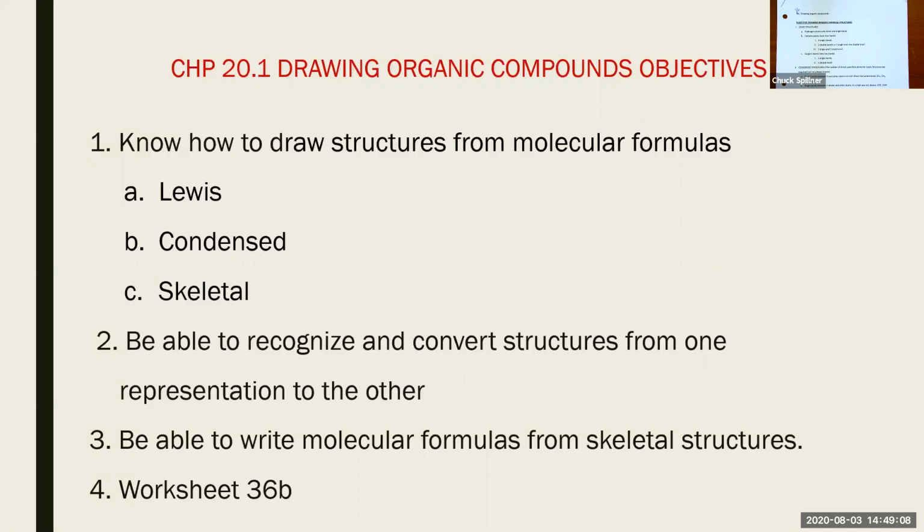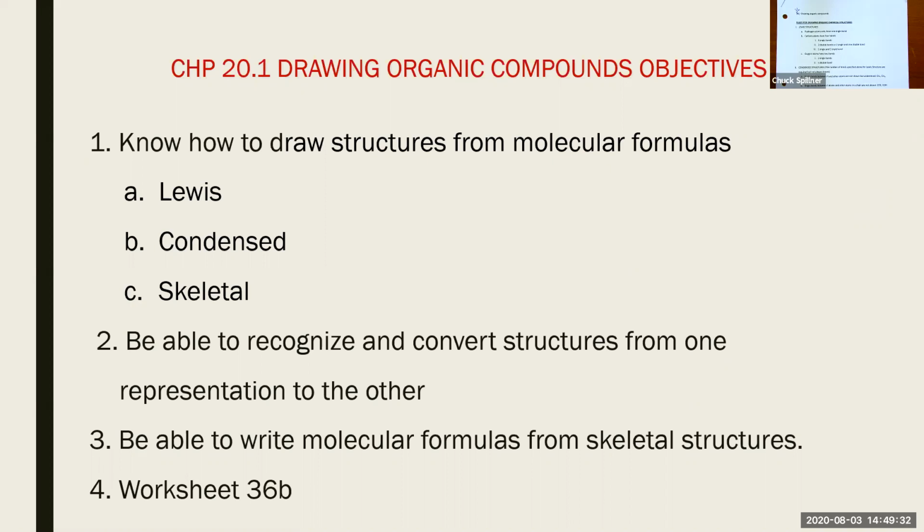And then from that, you would attach the other atoms that we talked about previously. Oxygen and nitrogen are pretty common, but the skeletal structure doesn't show the carbons or the hydrogens. So it's just a skeleton. And you'll see what I mean as we get to that part.